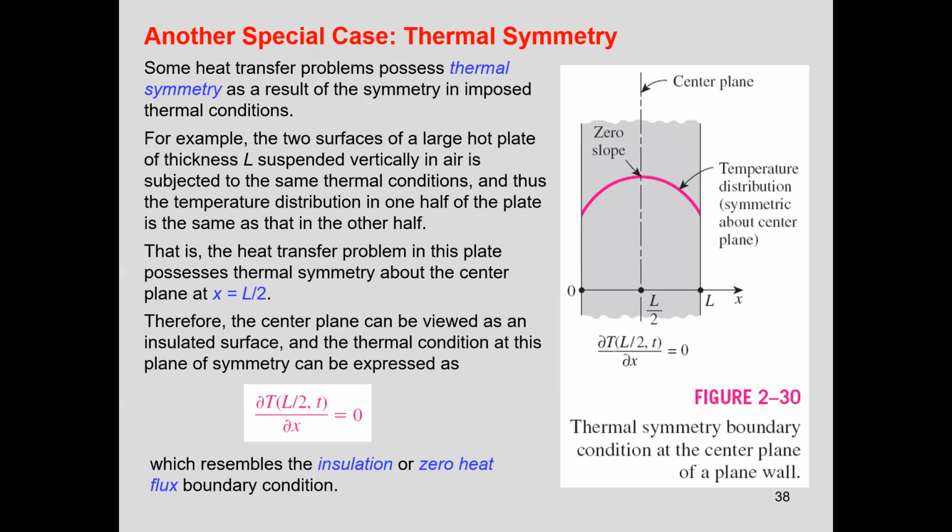That is, the heat transfer problem in this plate possesses thermal symmetry about the center, which is x equal to L by 2. Therefore, the center plane can be viewed as an insulated surface, and the thermal condition at this plane of symmetry can be expressed in this form, which resembles the insulation or zero heat flux boundary condition.